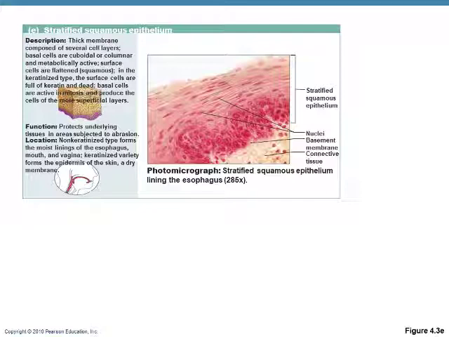So, epidermis of the skin, number one. Also, the inner lining of those structures that get friction. The chance of getting friction is high. For example, the inner lining of the mouth.